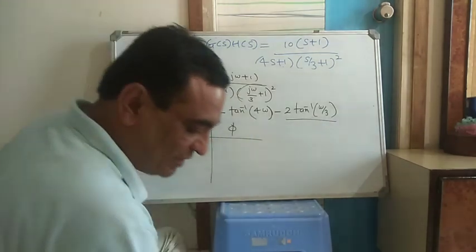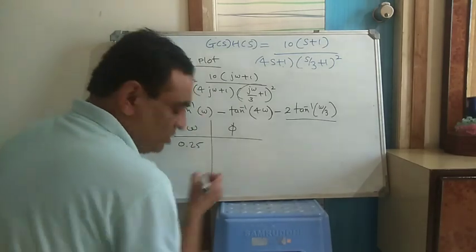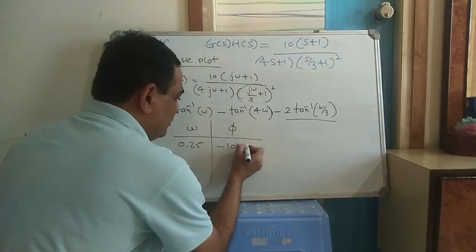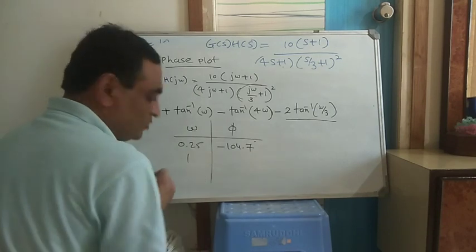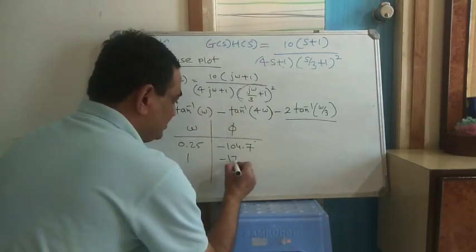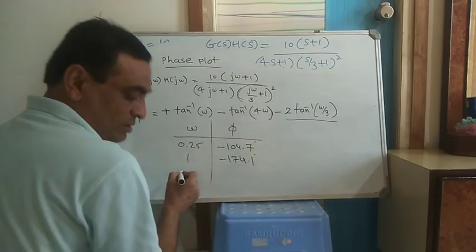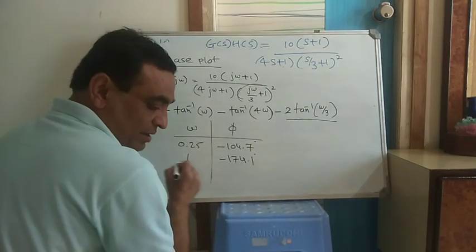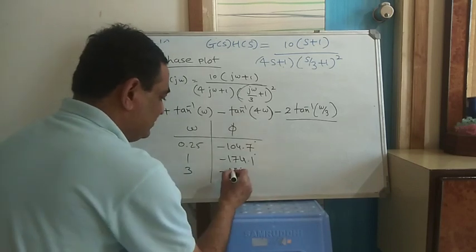So I will take some values of omega. For 0.25, this is minus 104.7 degree, then omega equal to 1, minus 174.1 degree, okay. Then comes 3, I have minus 181 degree.